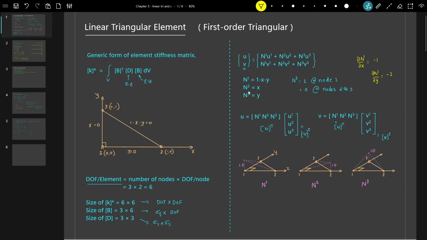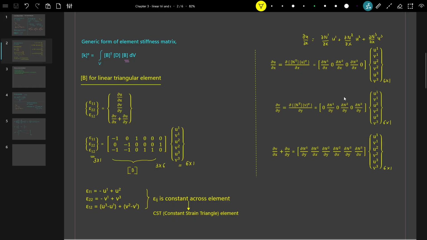Similarly, we need to find dou n2 by dou x and dou n2 by dou y, and similarly dou n3 by dou x, dou n3 by dou y. So substituting all those values here, we get this matrix. So this is 3 by 6, and since this relates the strain vector and displacement vector, this becomes our B matrix.